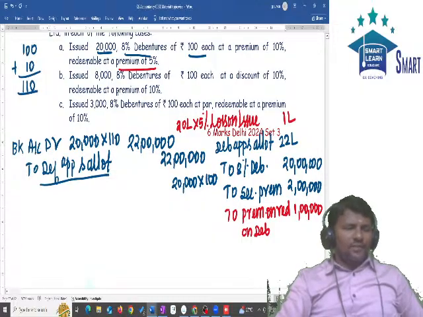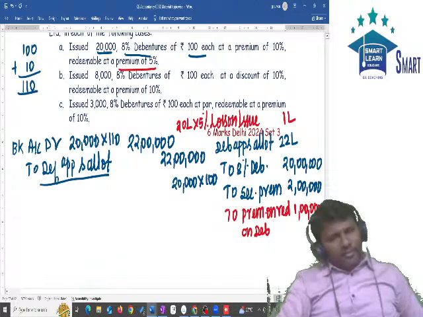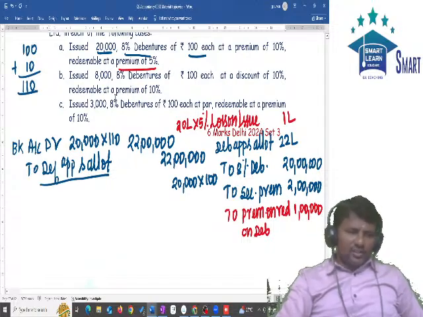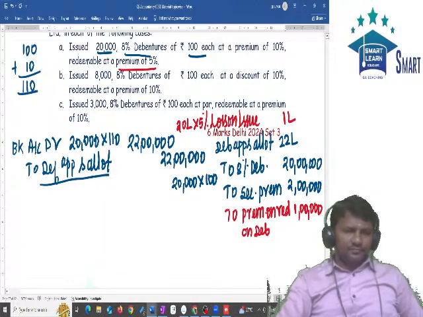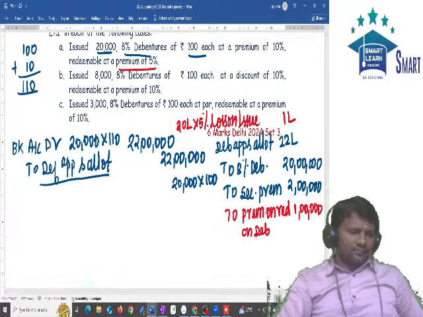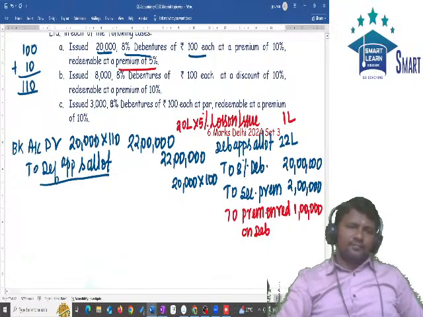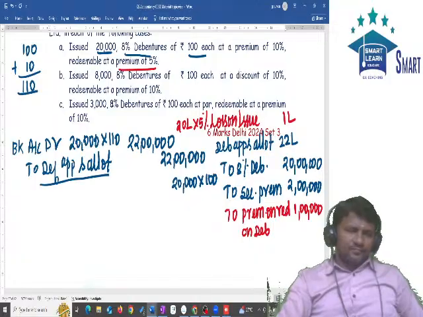You should tell me the amount of loss on issue of debenture. Because at the time of issue also there is a loss, and redemption also there is a loss. Completed.